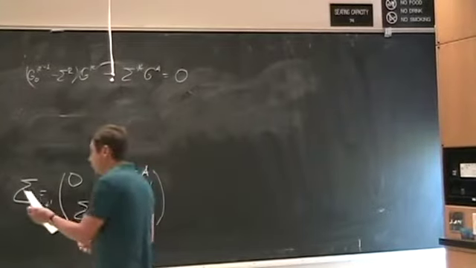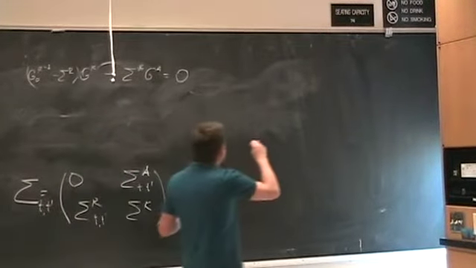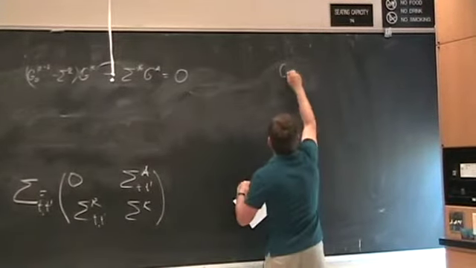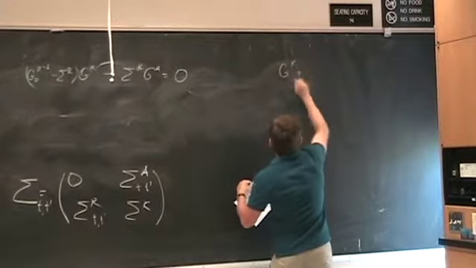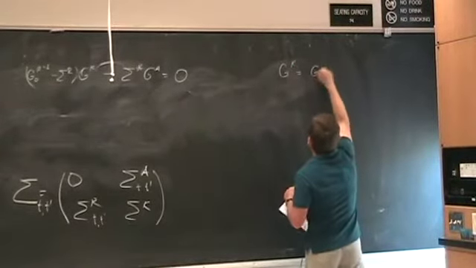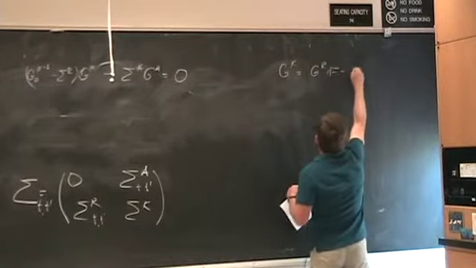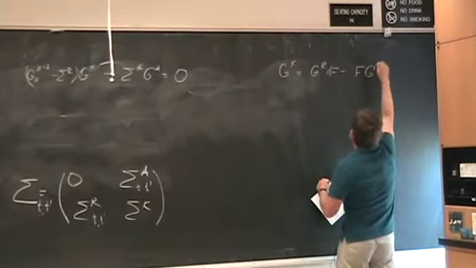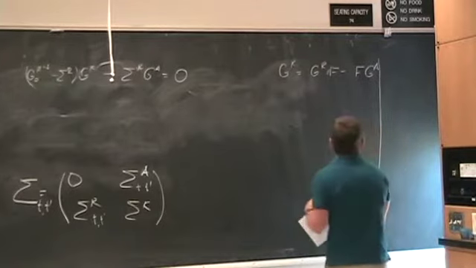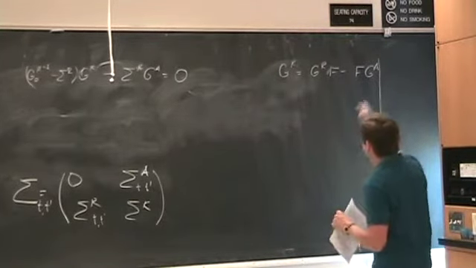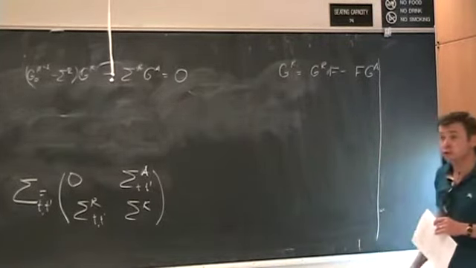Okay, so now you have to recall that you can always parameterize the anti-Hermitian matrix G Keldysh in the following way. The retarded and advanced are mutually Hermitian conjugated.